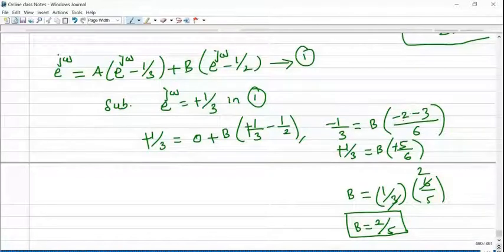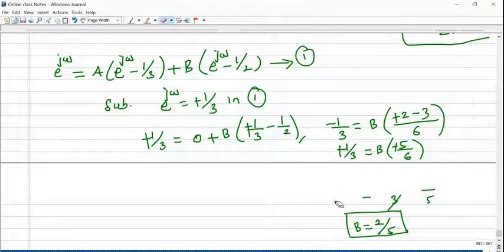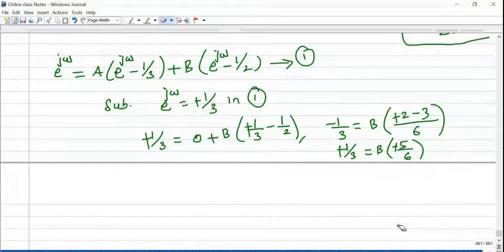Now what will we get? Plus 2, right? Plus 2 minus 3. Okay. I should get b value 3 actually.